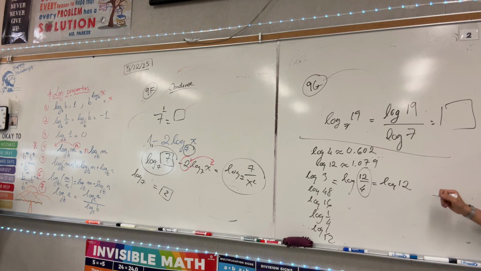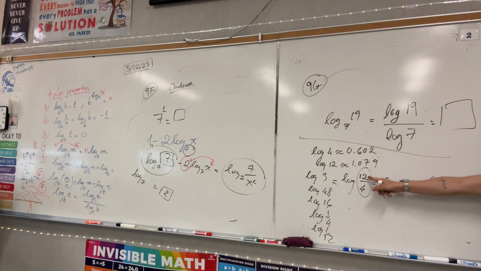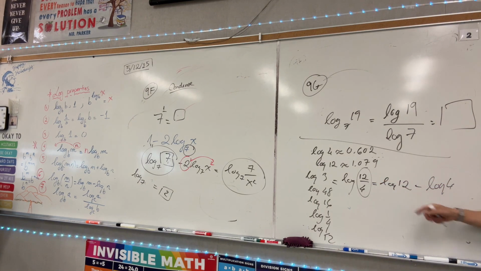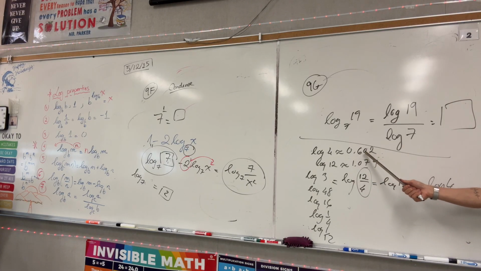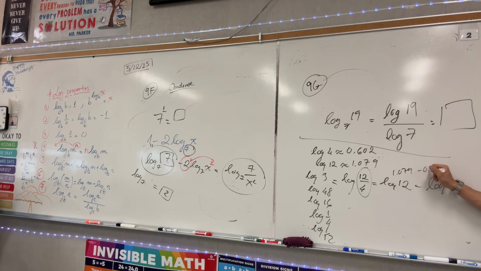Subtract, yeah. Minus log 4, right? This is on the bottom, this is on the top. Do you know log 12? Yes, they give you. Do you know log 4? Yes, they give you. So you just plug it in. So 1.079 minus 0.602. And you're going to get the answer.